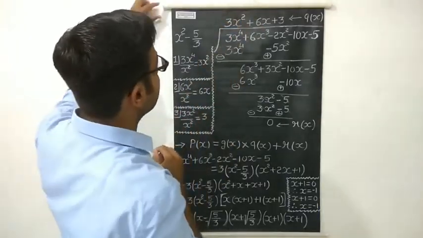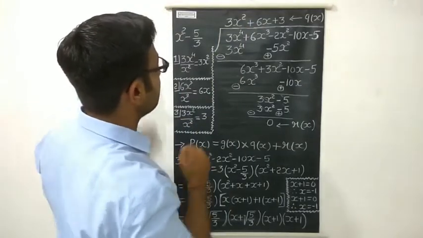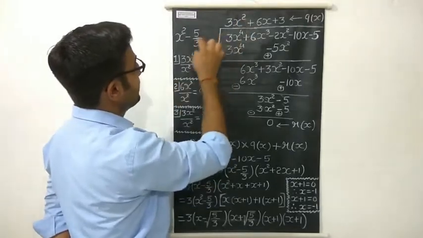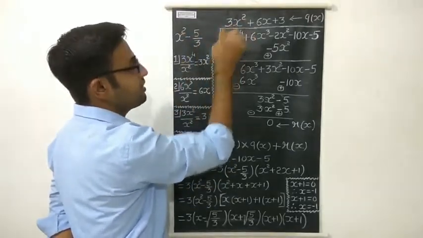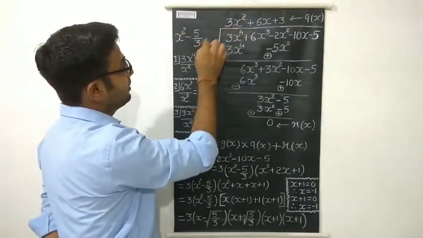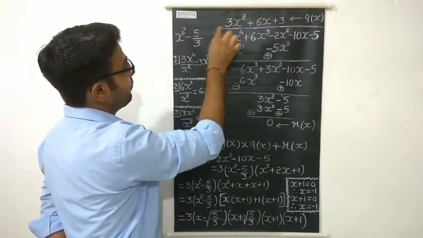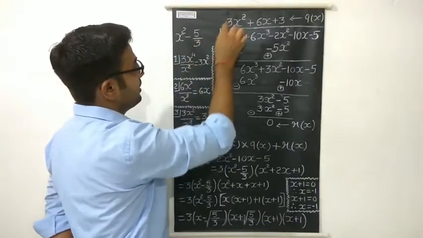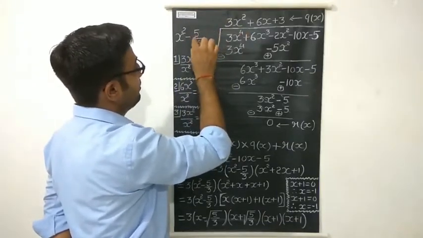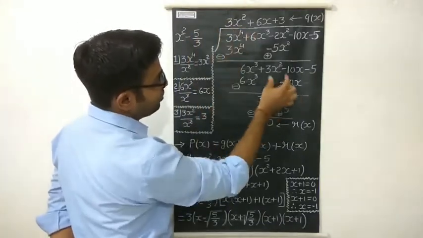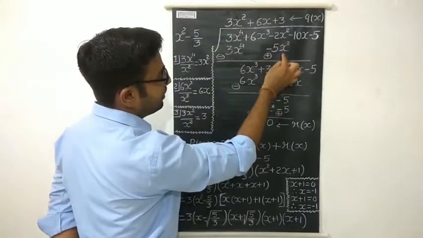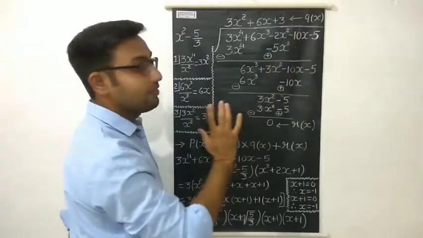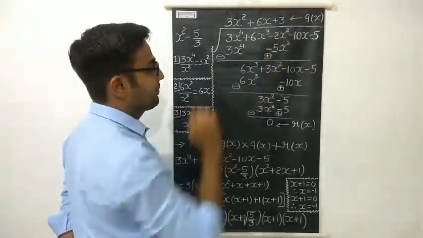Now by multiplying 3x^2 with x^2 - 5/3, what will happen? This 3 is in multiplication with 5 and this 3 is in the denominator, so we can cancel out the 3 and 3. What will remain is 5x^2. We write this 5x^2 under the x^2 term so that we can simplify easily.